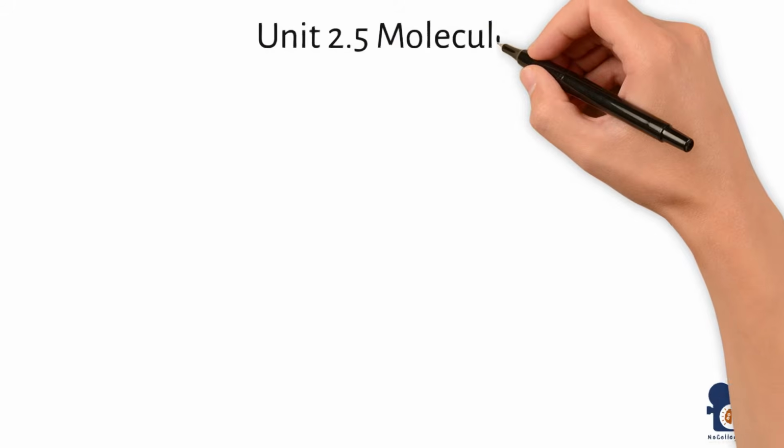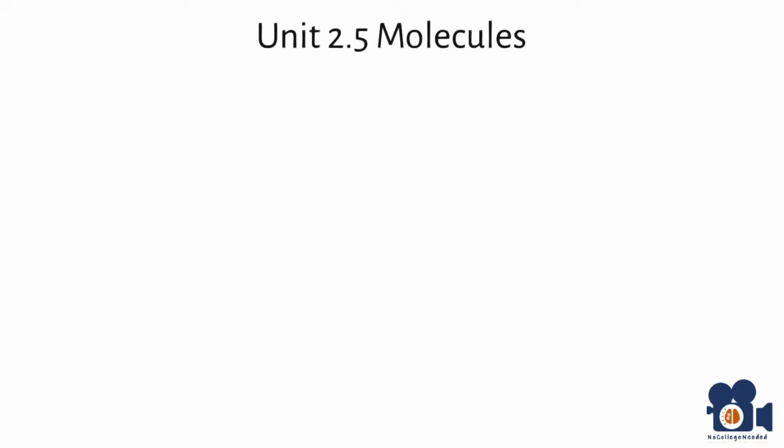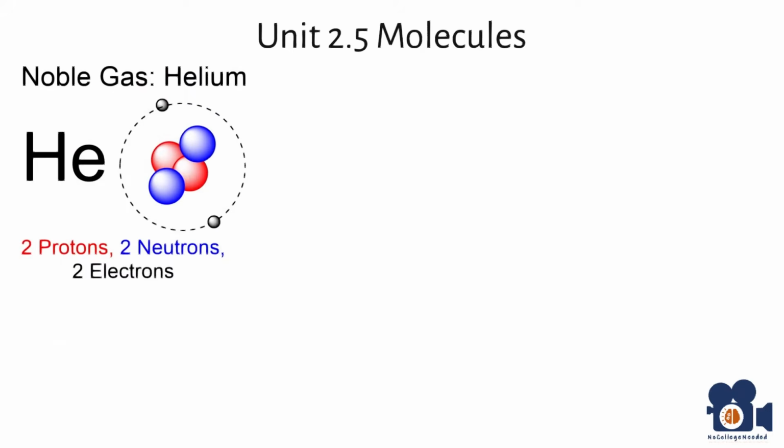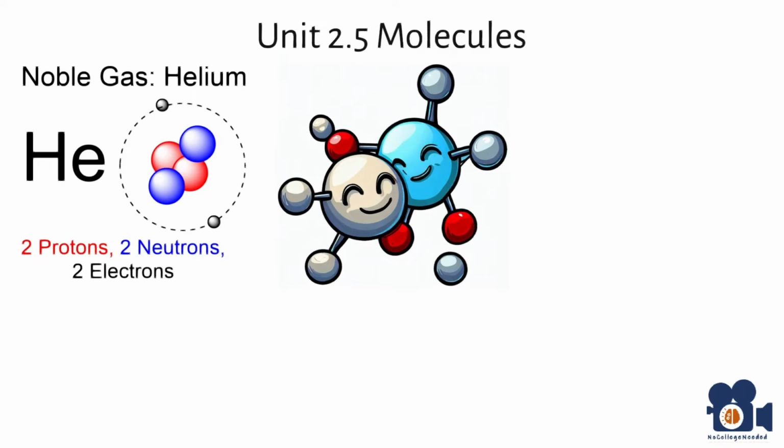The next unit, 2.5, introduces us to molecules. Technically, the atom is the smallest model of a single element, but in reality, only a few elements called noble gases are found naturally in this form. Most commonly, matter is in the form of molecules or ions. Molecules are formed when 2 or more atoms bond together chemically.